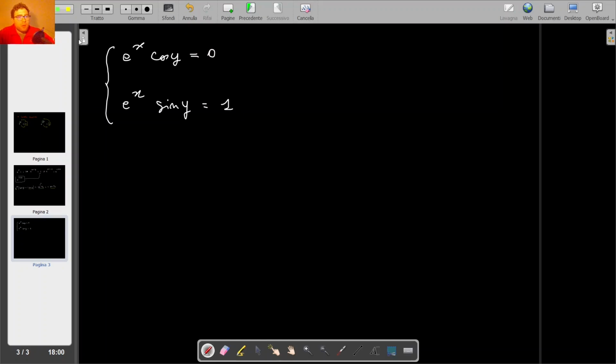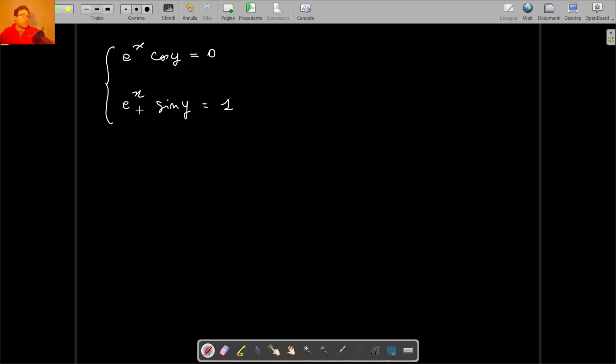And so now we can actually solve this system basically by inspection, because here we have that this whole equation must be equal to 0, so this whole expression must be equal to 0, and we can pose x equal to 0 from the first equation.